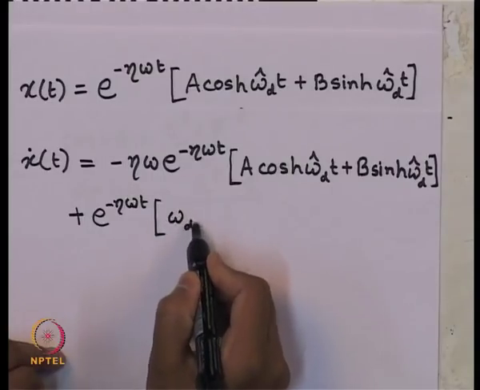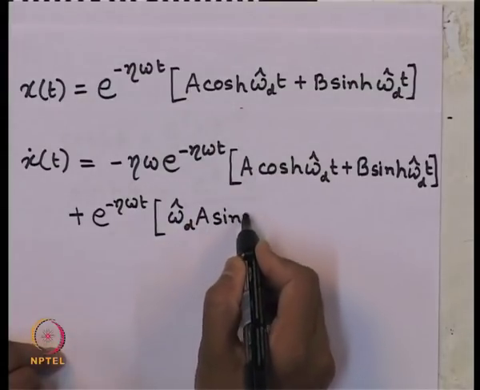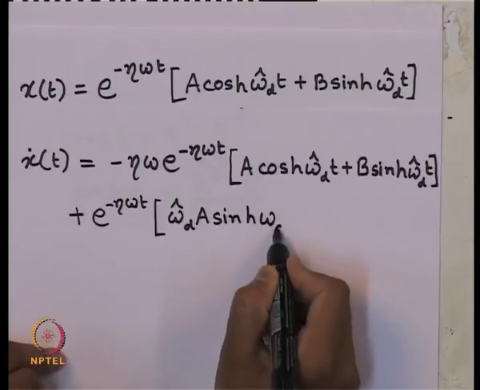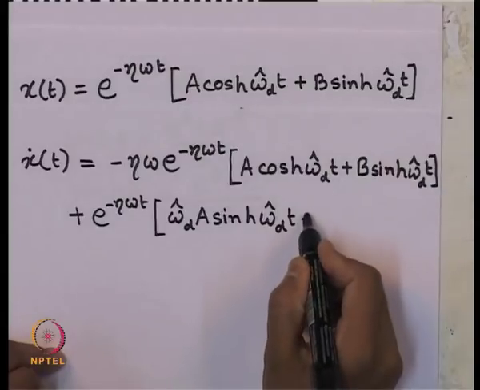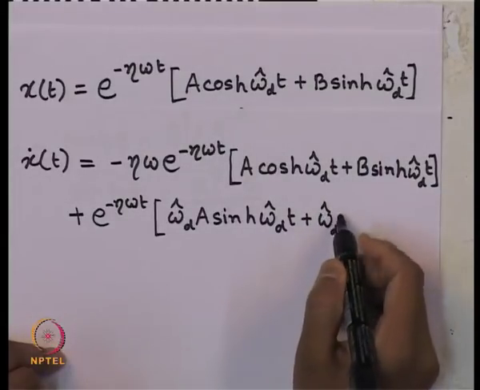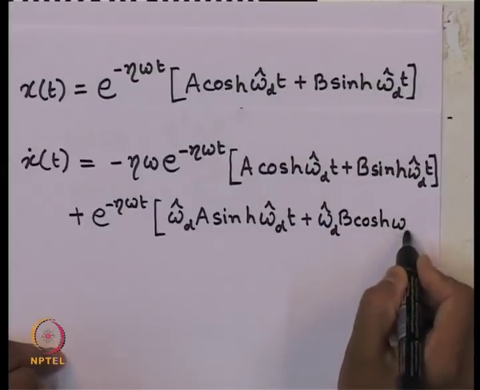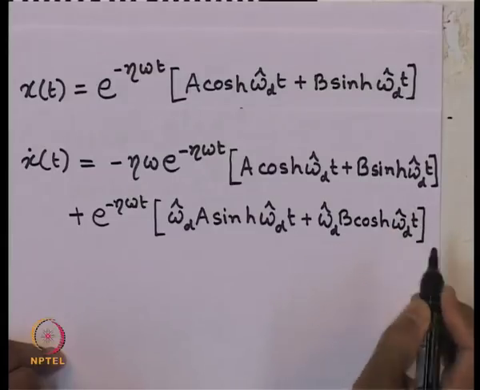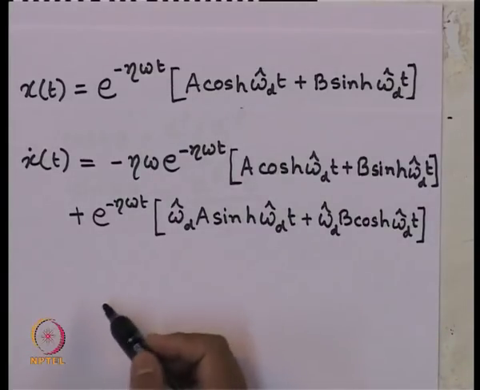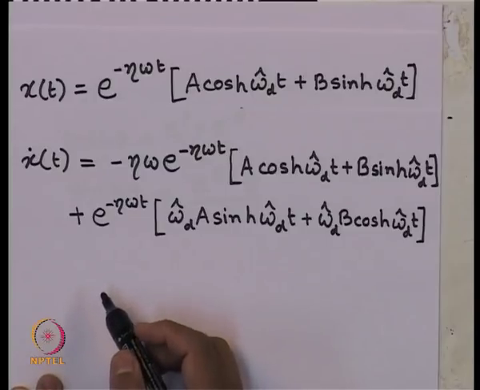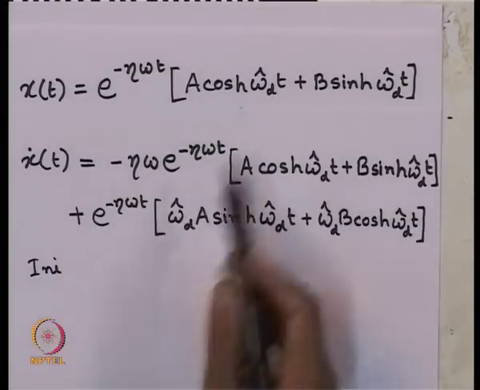So, omega d cap a, cos becomes sine hyperbolic omega d cap t, and from this we get plus omega d cap b, sine becomes cos, cosine hyperbolic omega d cap t. So, for a hyperbolic function we know the differentiation comes out like this. So, now what do we do? We apply the initial conditions to obtain the unknown two constants a and b.